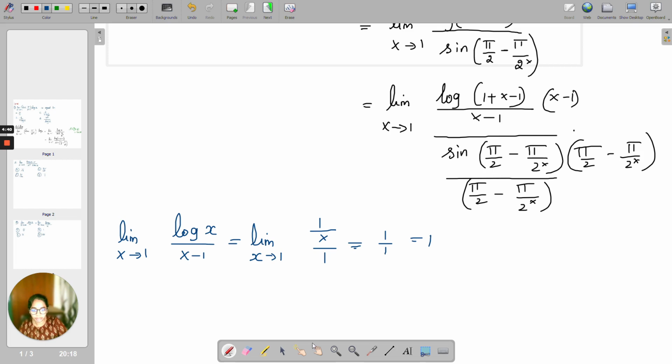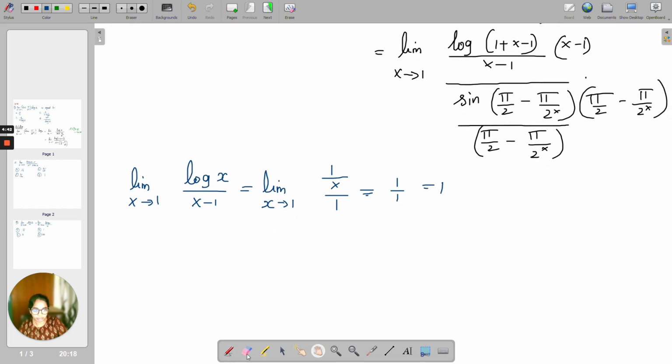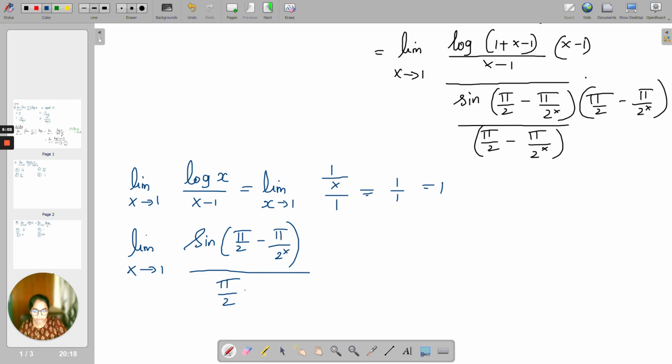Now let me take the denominator term, that is limit x tending to 1 of sine of pi by 2 minus pi by 2 power x, divided by pi by 2 minus pi by 2 power x. So what is the formula?